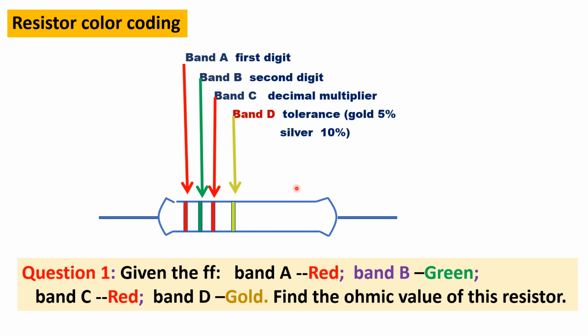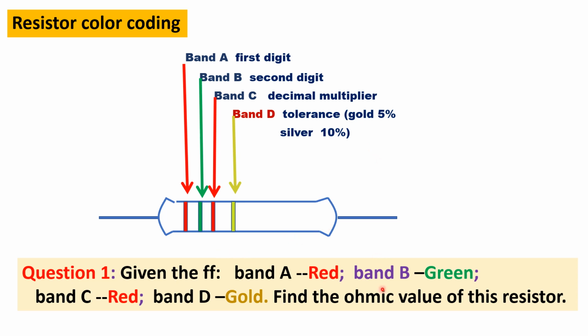If gold represents plus minus 5% tolerance, and silver represents plus minus 10%, when there is no fourth band, it simply means that particular resistor is understood to have a tolerance of plus minus 20%. Again, if there is no fourth band, the tolerance is plus minus 20%.